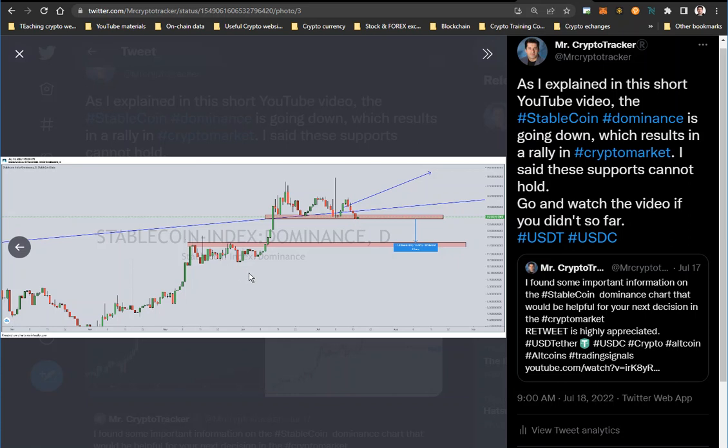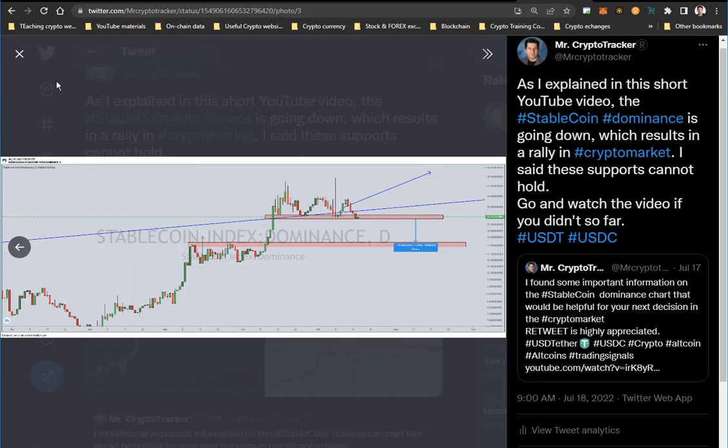This chart shows the dominance of all the stablecoins in the market, and I said stablecoin dominance is going down, which results in a rally in the crypto market. I said this support cannot hold. Go and watch the video if you haven't done so. Yeah, I published a video on this too.